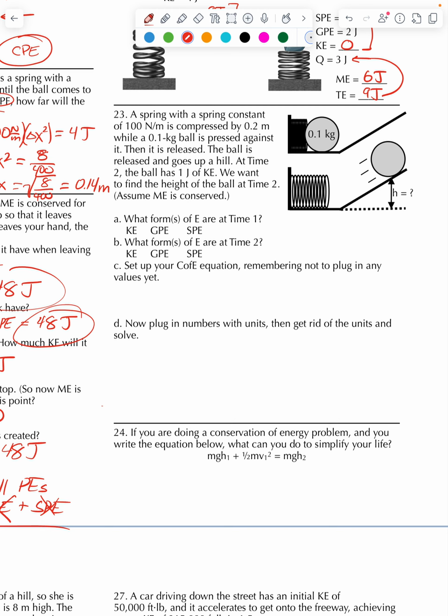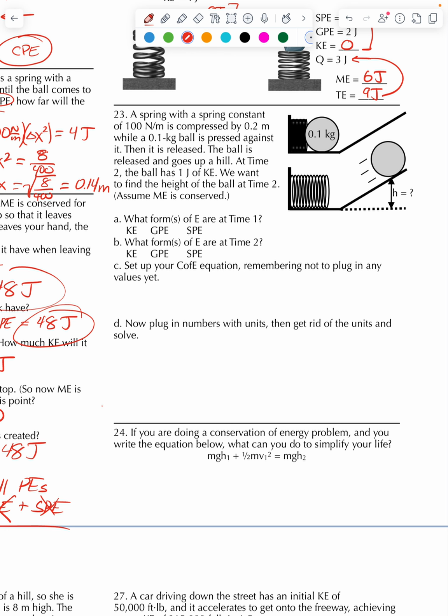Now, as long as there's no heat generated, no sound energy, whatever, if all that's happening is we have KE and SPE and GPE, and they're just turning into each other, the mechanical energy is conserved. So the total mechanical energy at time 1 has to equal the total mechanical energy at time 2. And yes, for the final, I'm not going to do something where mechanical energy is not conserved. I'll stay away from heat being generated. So you just have to know that it's changing among KE, SPE, and GPE.